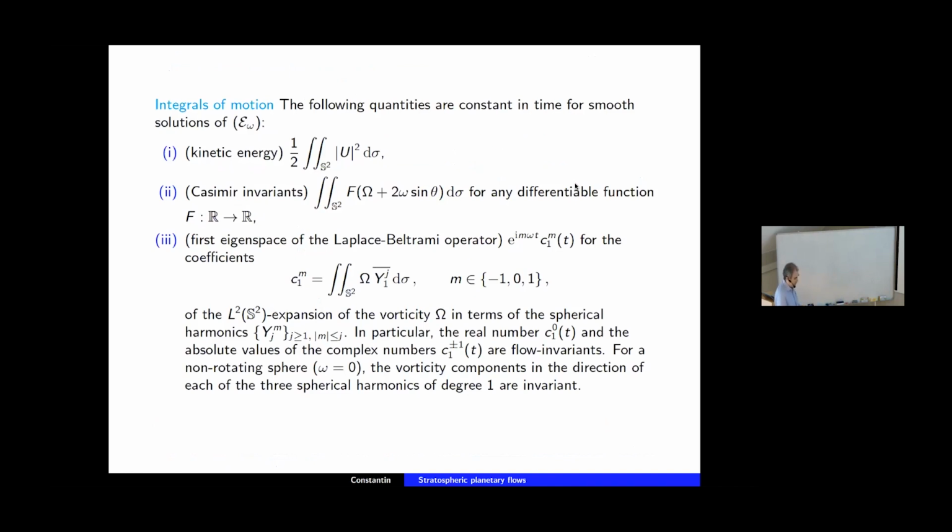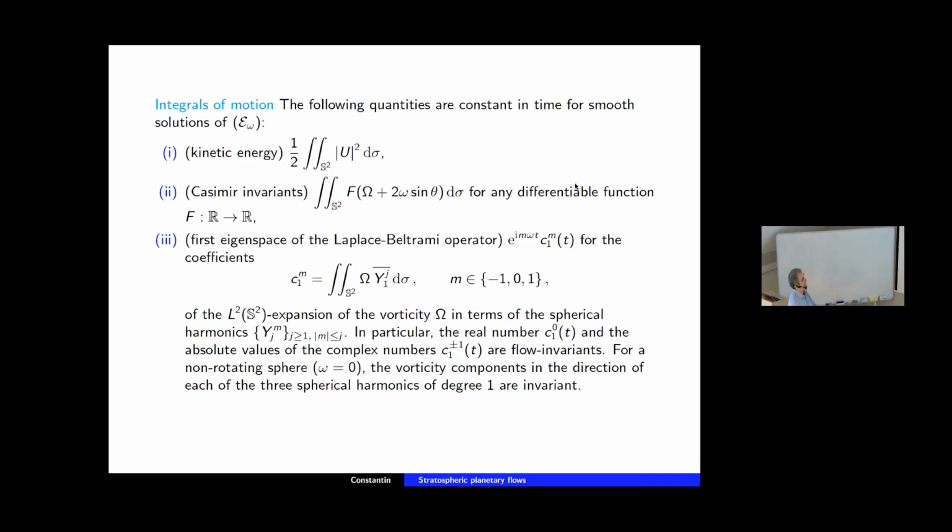This is useful. The integrals of motion that are known are the kinetic energy, where U is the velocity field. Then the Casimirs, so called because of the Hamiltonian structure: any function of the vorticity integrated over the whole sphere will be an invariant. And the other thing is the first eigenspace of the Laplace-Beltrami operator.